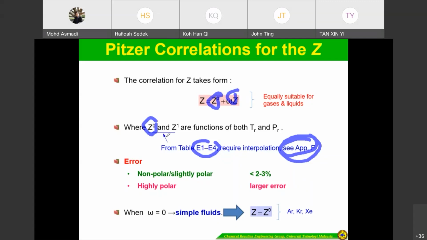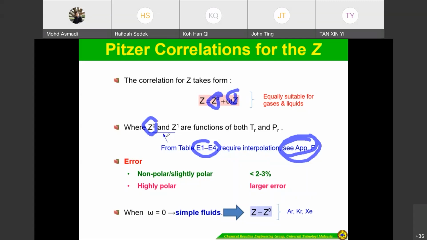So you have to remember that this equation is only for slightly polar or non-polar fluids, like hydrocarbons. For highly polar components there is a larger error, and you have to use a different equation. For slightly polar, the error is below 2 to 3%.